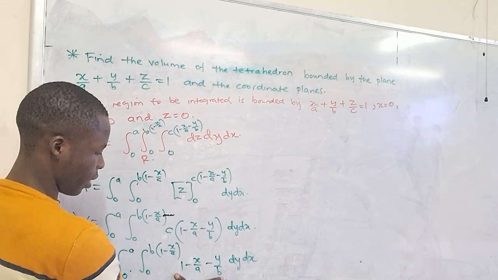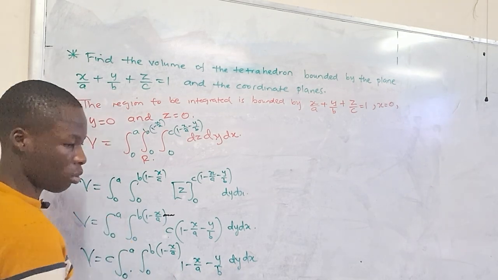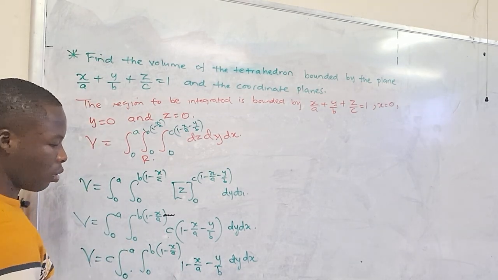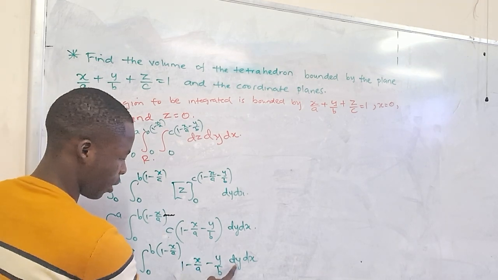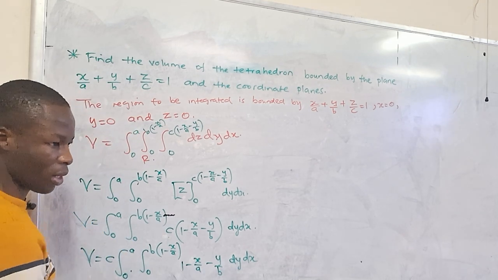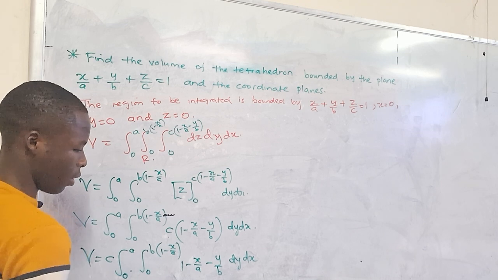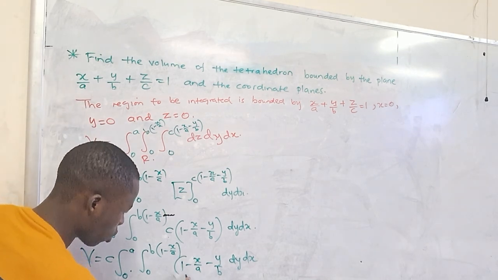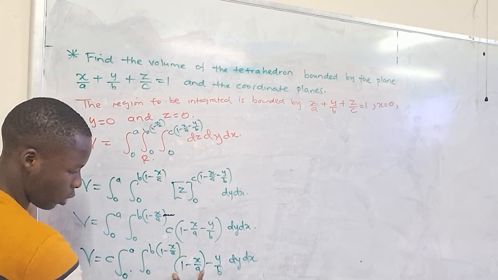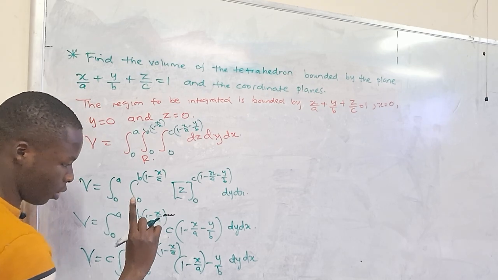Now we have to integrate this with respect to y. If you are integrating with respect to y, you treat x as a constant. Already a and b are constants. So I'm going to take this as one thing.